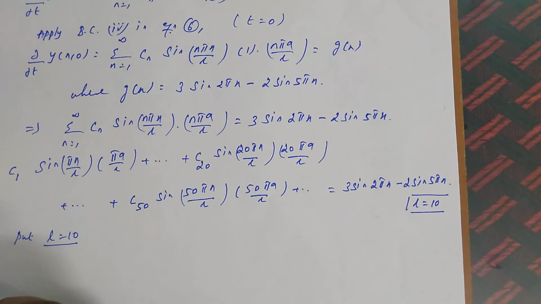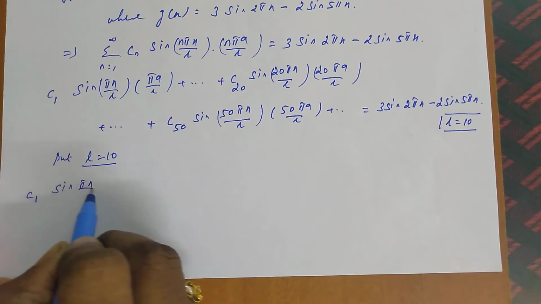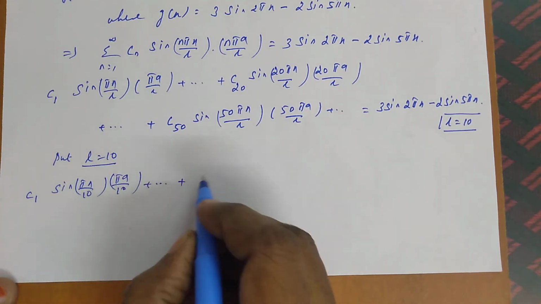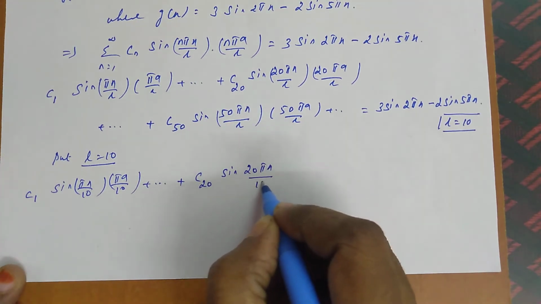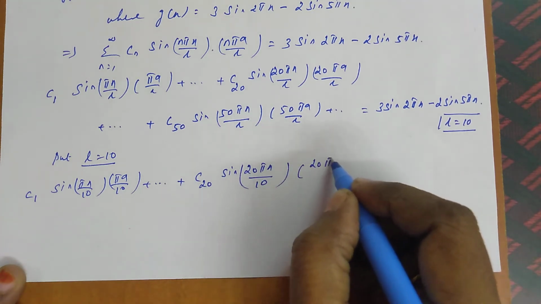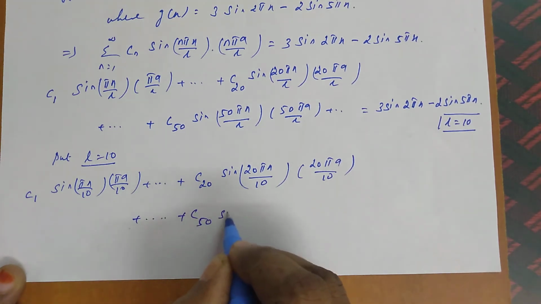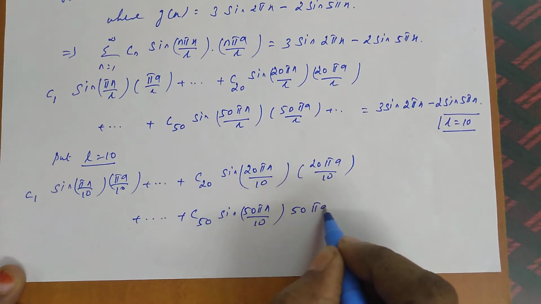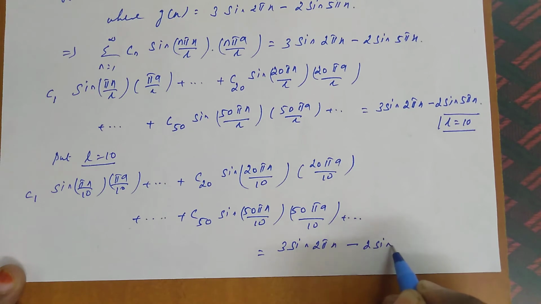So what will happen? C1 sin(pi x by 10) into (pi a by 10) plus etc., plus C20 sin(20 pi x by 10) into (20 pi a by 10) plus etc., plus C50 sin(50 pi x by 10) into (50 pi a by 10) plus etc., which is equal to 3 sin 2 pi x minus 2 sin 5 pi x.